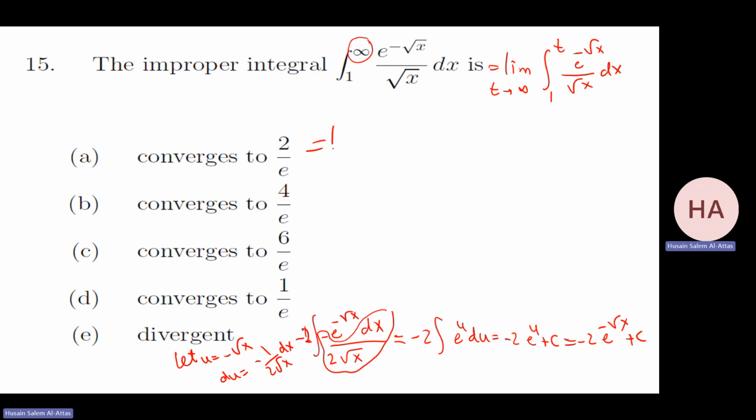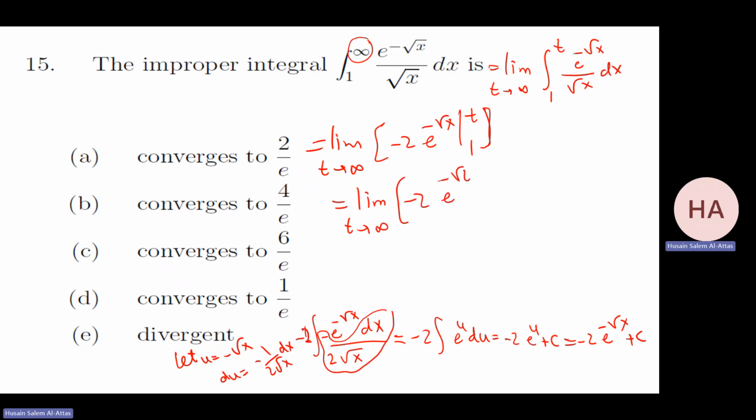Plug it here. You have the limit as t goes to infinity of what? Of minus 2 e^(-square root of x) from 1 to t. That will be the limit as t goes to infinity of minus 2 e^(-square root of t) minus minus 2 e to the power minus 1.